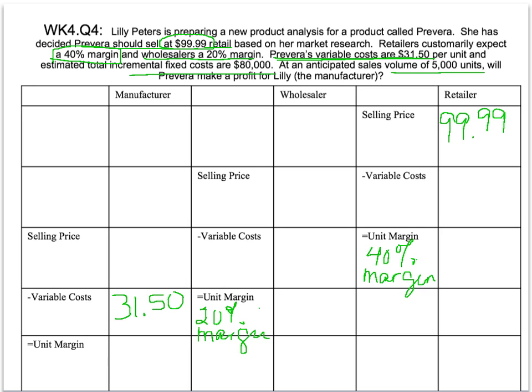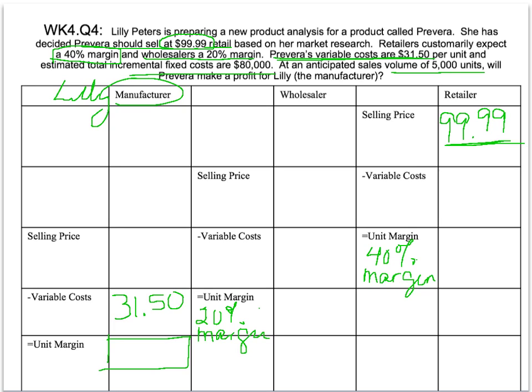Okay, so ultimately what we're worried about here is calculating what is Lily Peters, the manufacturer's, unit margin? We need that information. Okay, so here we go.